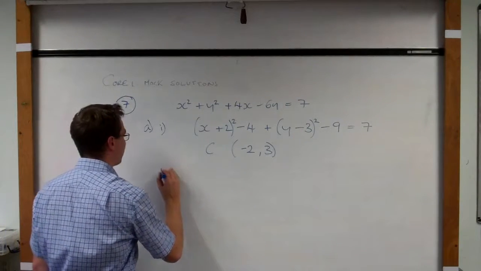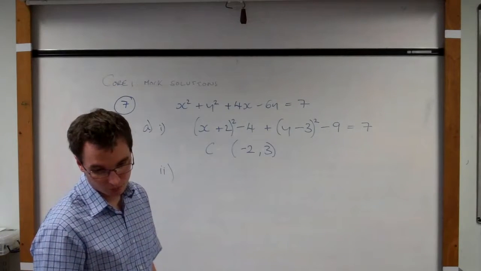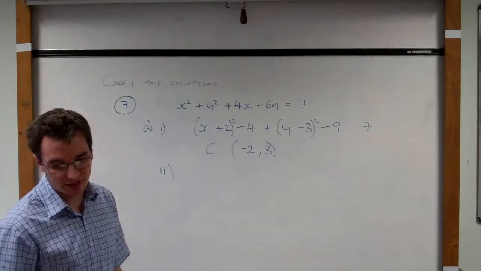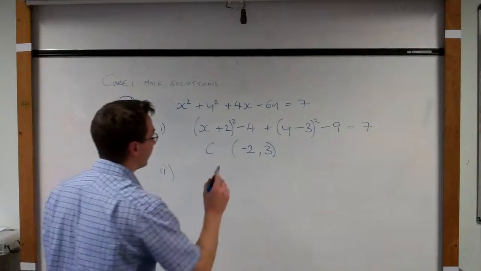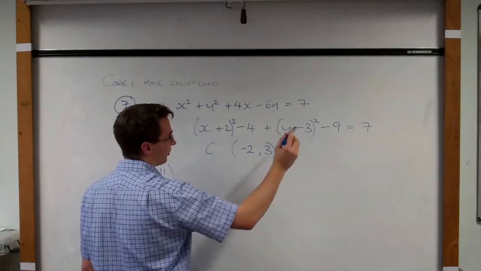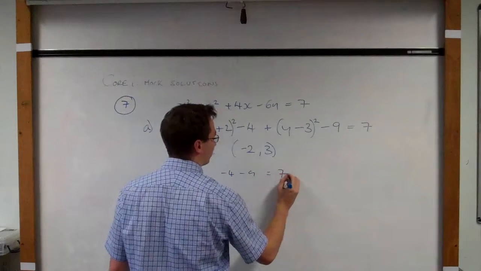So, it then asks me to go on to part ii, which says, find the radius, and write it in the form k root 5. Okay, well, the radius is all the numbers on that side. So this side I had minus 4, minus 9, and then I had equals 7.